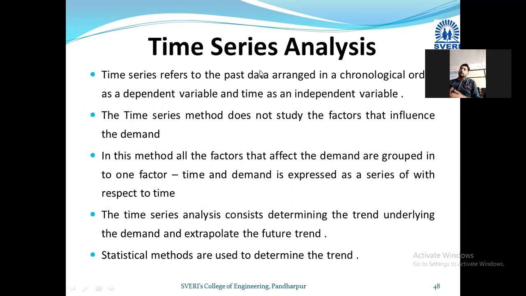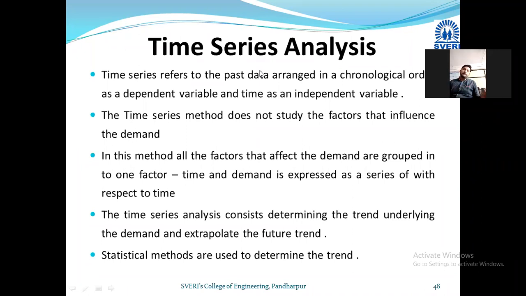Let us say there is something happening in the market and that effect is happening on your sale demand. Then that part we are not going to consider in a time series analysis.